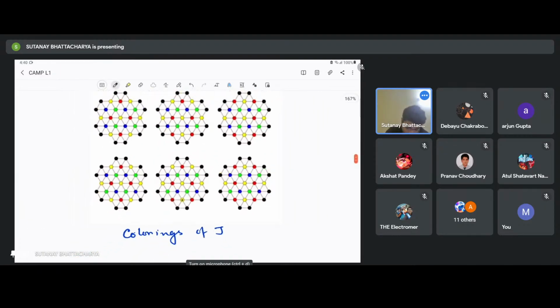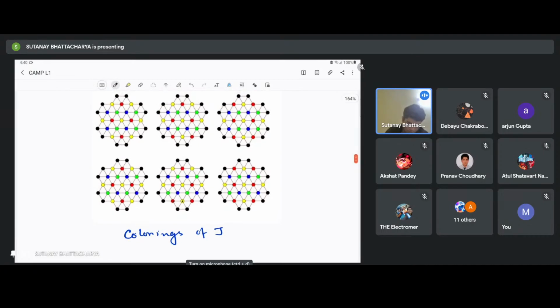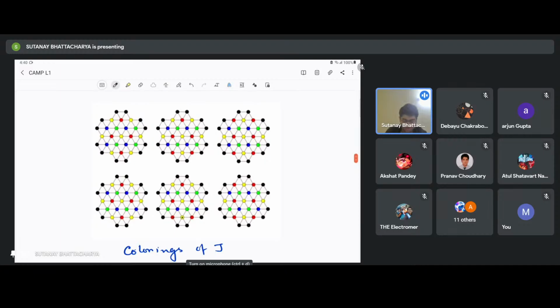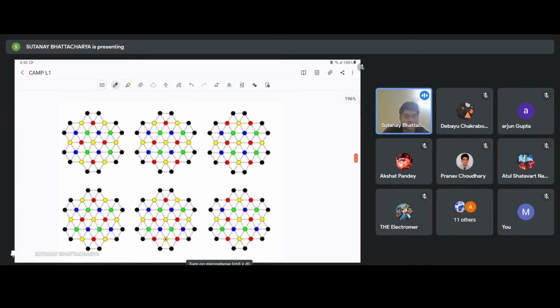So think of the blacks as blank spots. Up to rotation, reflection, and recoloring, there are only 6 possible colorings of J. We could sit here and derive all this, but instead, let's look at what we can see from these.